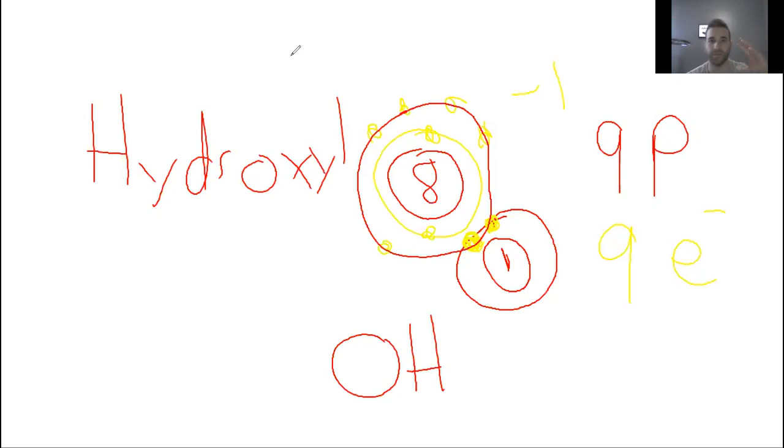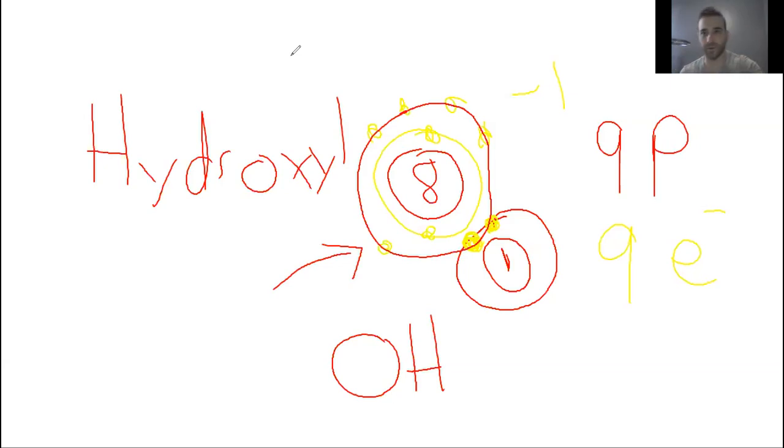The idea that free radicals are always positively charged is a misconception, because what's making this molecule a free radical is this unpaired electron. This guy right here wants to be paired like the rest of them.